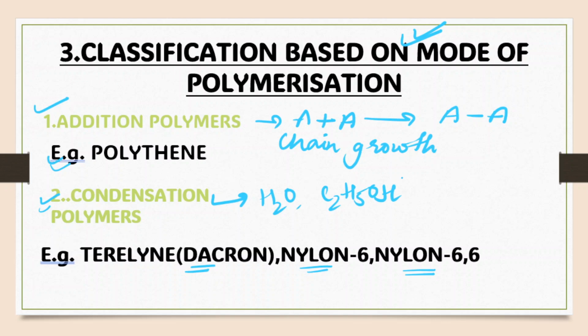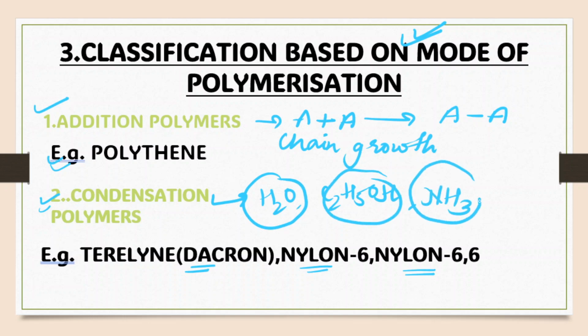That is why they are known as condensation polymers. Another name for condensation polymerization is step growth polymerization.